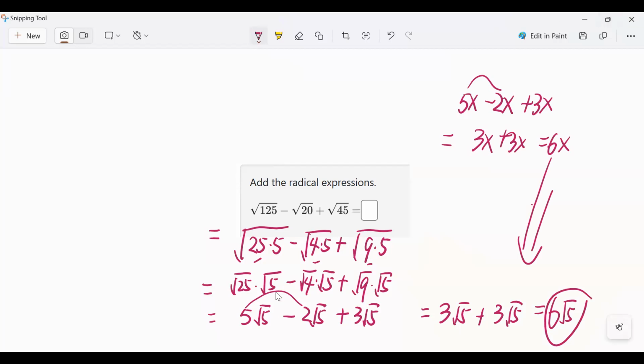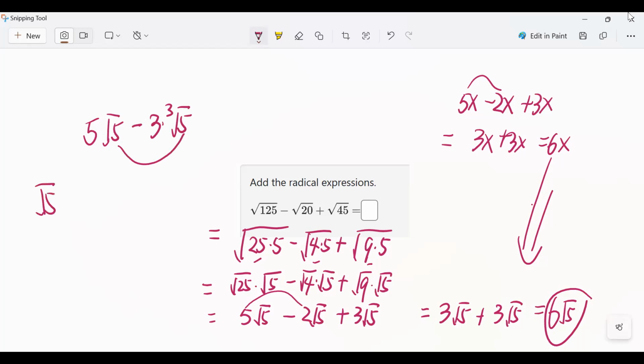As long as they are like terms, meaning under the radical is the same number and the index is the same. Sometimes you may have something like 5 square root of 5 minus 3 times cubic root of 5. Then these two are not like terms, right?